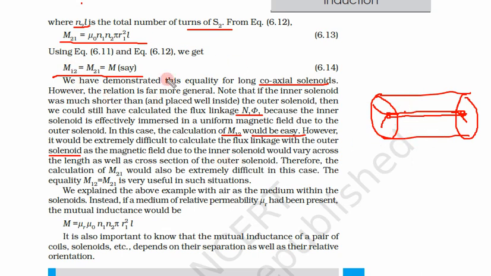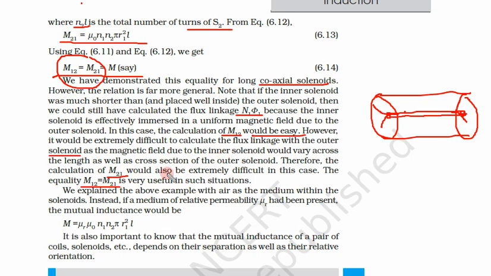But this formula is true, and we have proved it in a very simple manner using some assumptions. As the magnetic field due to the inner solenoid would vary across the length as well as the cross section of the outer solenoid, the calculation of M21 would be extremely difficult in this case. In the second case, when current is passing through this small coil, the equality M12 equals M21 is very useful in such situations.